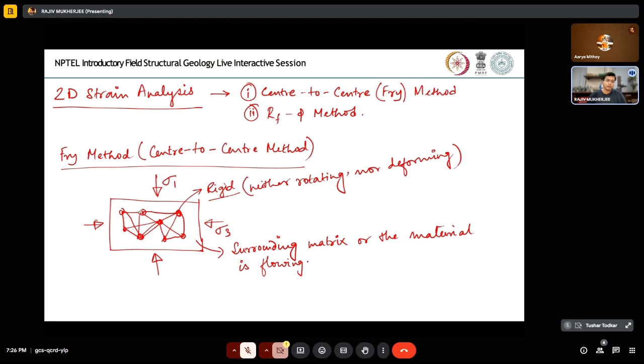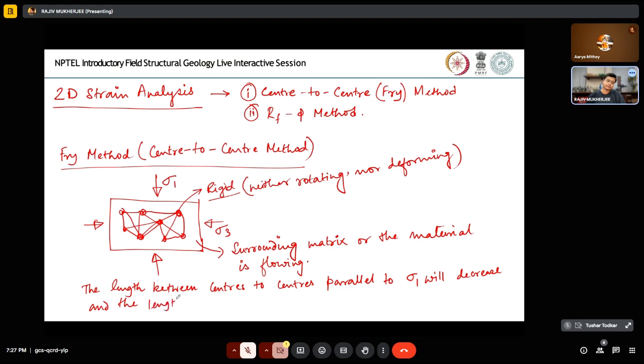If this is compressed, all the directions measured parallel to sigma 1 would reduce the length, the length between centers to centers parallel to sigma 1 will decrease, and the lengths, or we can say the distance, parallel to sigma 3 will increase, right?